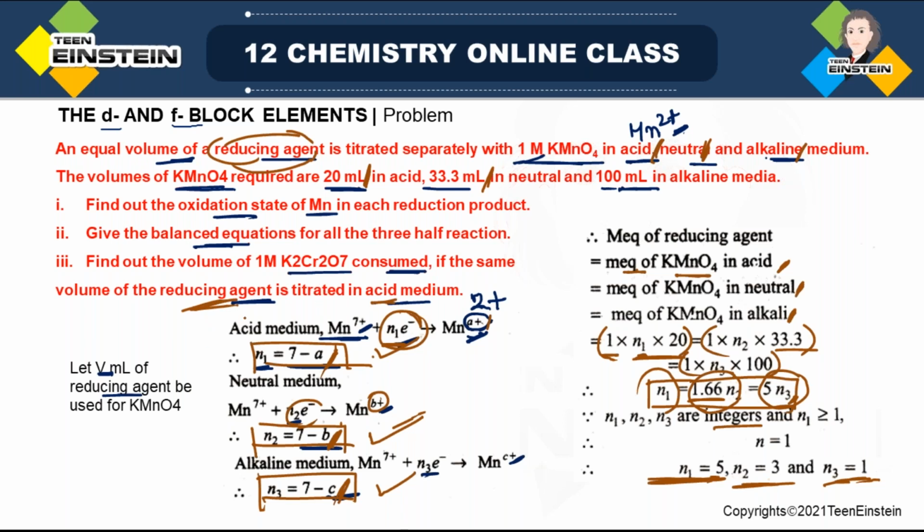Fine. So we have kept the volume of the reducing agent the same, the reducing agent itself is the same, the medium is acidic, and the molarity of K2Cr2O7 is also 1 molar, just like KMnO4. So we have to find the volume.